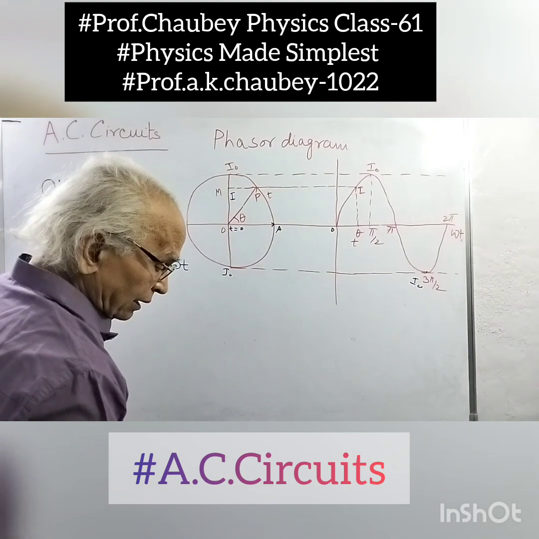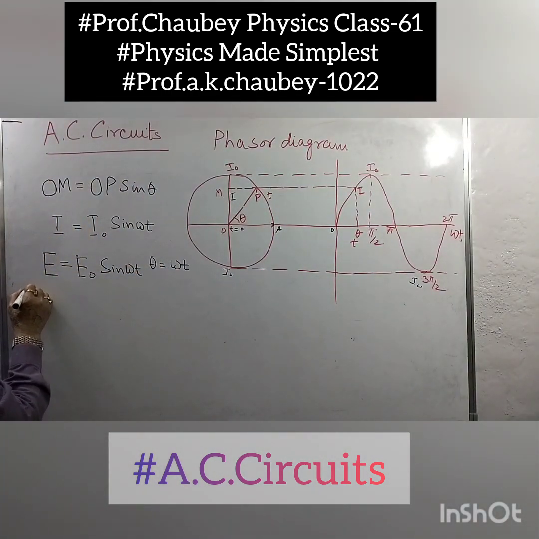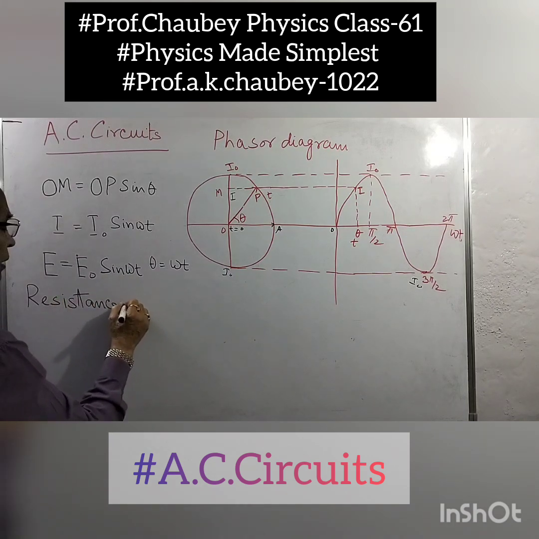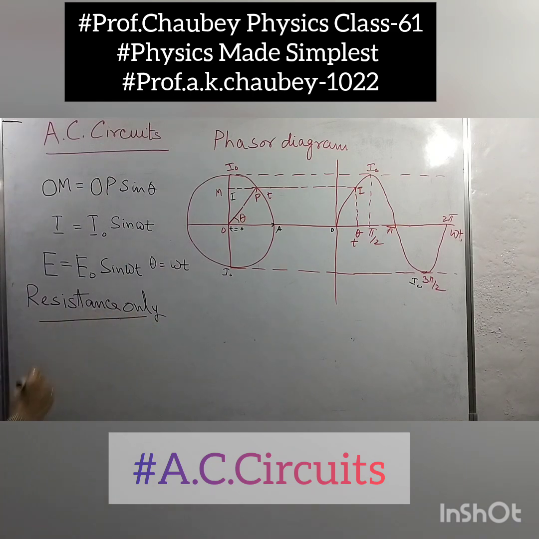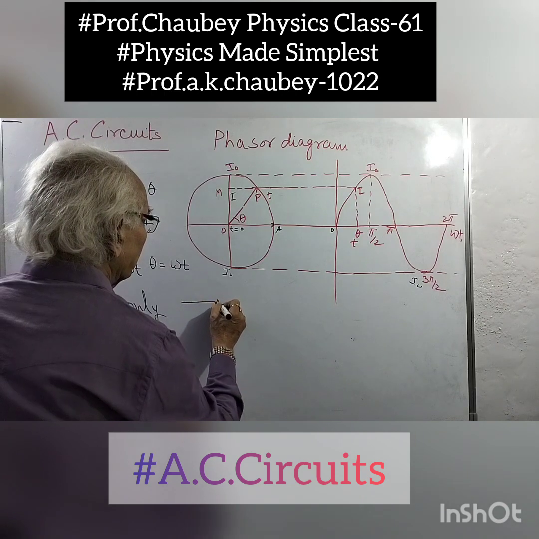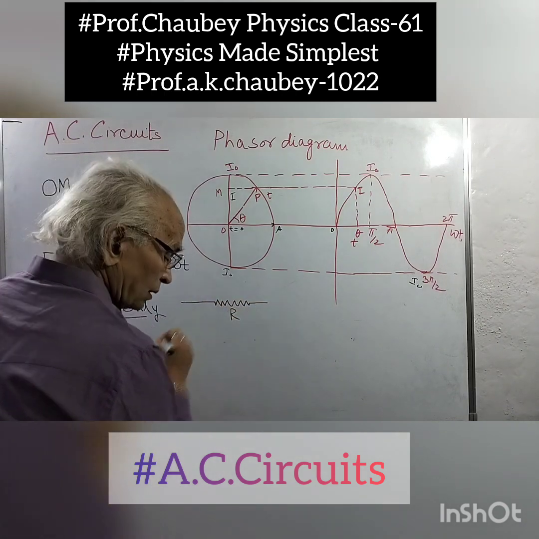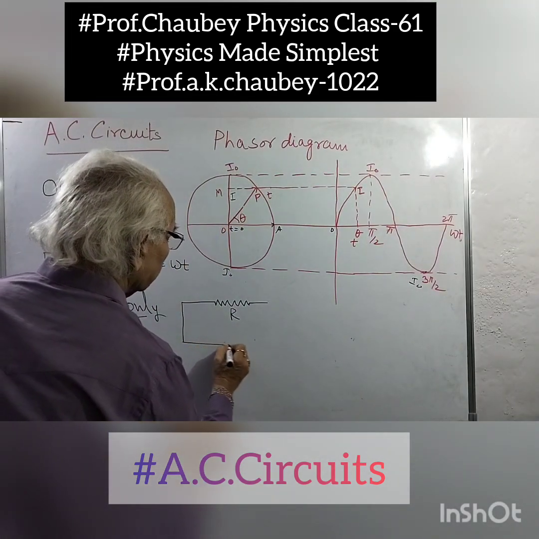And if I have a circuit where we have resistance only, a circuit where the potential source is connected to resistance only, means we have a circuit where we have simply R. The R is connected with, say, an AC source.